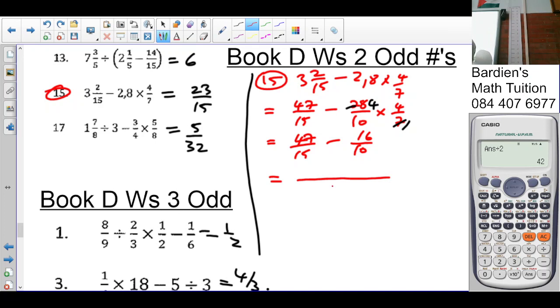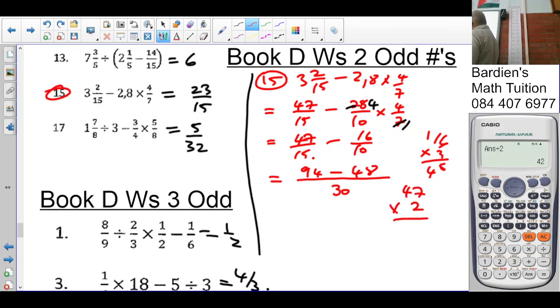What's your LCM? 30. You're timesing that by 2. So it's 40 is 90, 4 minus 16 times 3 is 48. Is that what you have? What do you have? 92. 47 times 2 is going to be 94. 94 is correct, so there's your mistake.